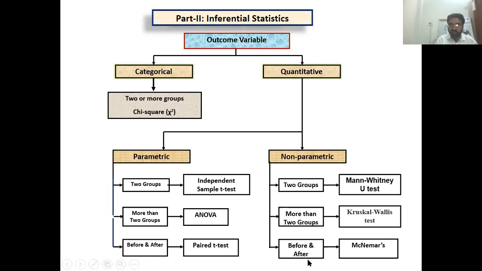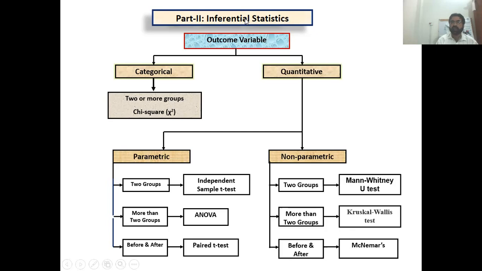That is also one sample, but before and after you are testing whether there is an association between wearing a helmet and head injuries. Then you have to apply the McNemar test, which is on a categorical variable rather than a continuous variable. So here you have to apply the Wilcoxon sign rank test instead of the McNemar test.